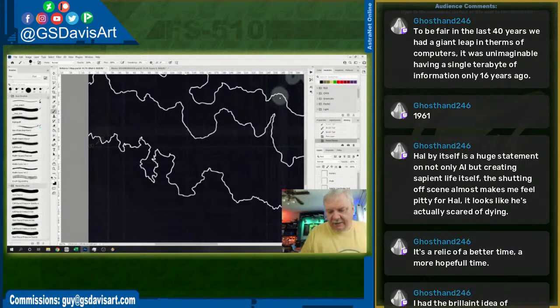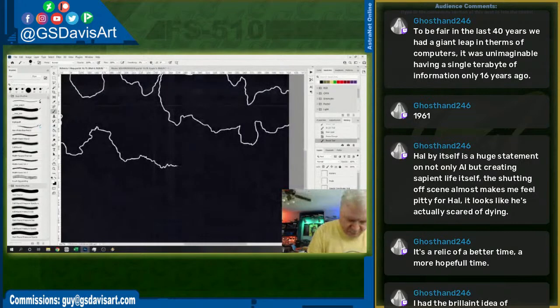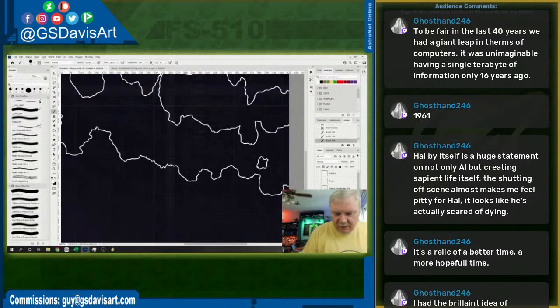If this looks kind of like terrain, it's exactly what it's supposed to look like. Not a Cartesian, like a surveyor's map. It's supposed to look a little like a surveyor's map.